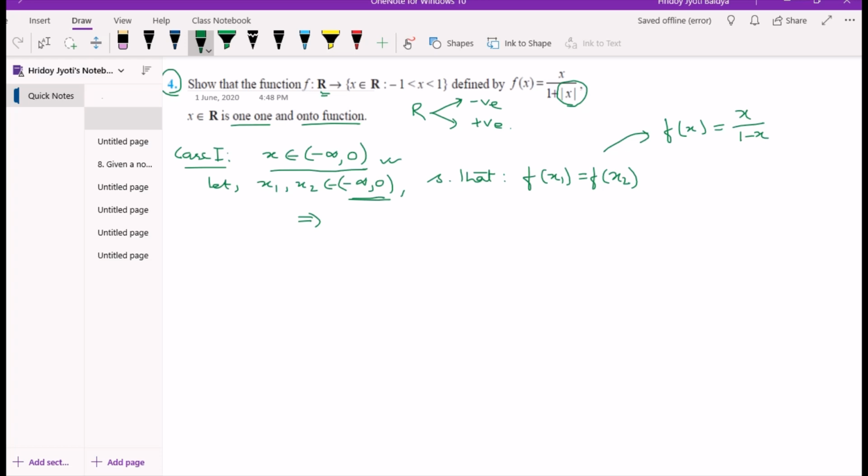So f of x1 gives x1 upon 1 minus x1, equal to x2 upon 1 minus x2. We'll cross multiply to get x1 minus x1 x2 equal to x2 minus x1 x2. The x1 x2 terms cancel, so we get exactly x1 equal to x2, and from here we can conclude that f is one-one for this case. Immediately we'll go for case 2.